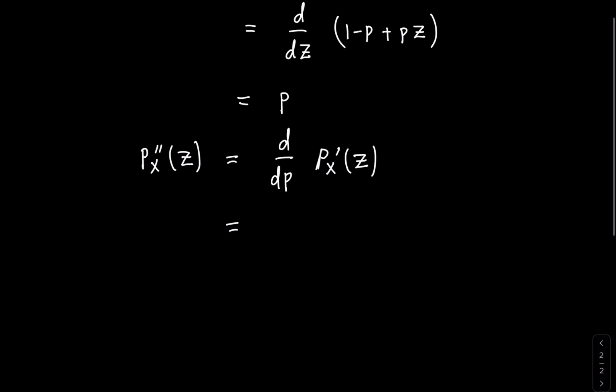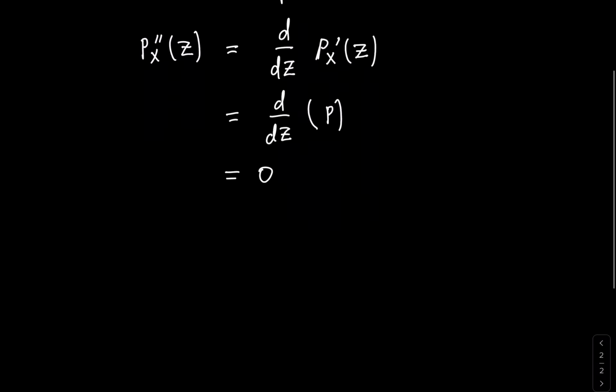We're going to stick in our, keep messing this up, it's with respect to z, not with respect to p, so d on dz. So that becomes d on dz of, now we have our expression for the first derivative above. It's just equal to p, and p is a constant with respect to z, so when we differentiate that with respect to z, we just end up with 0.